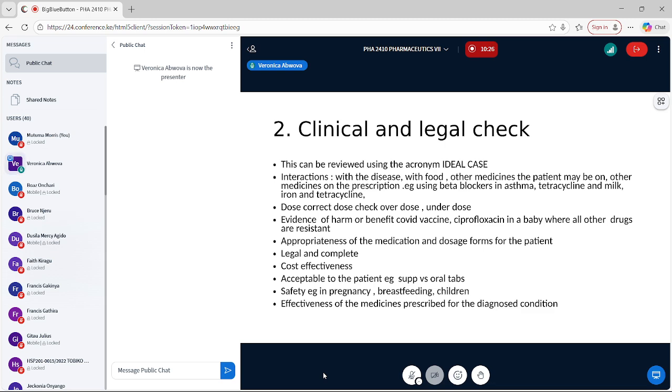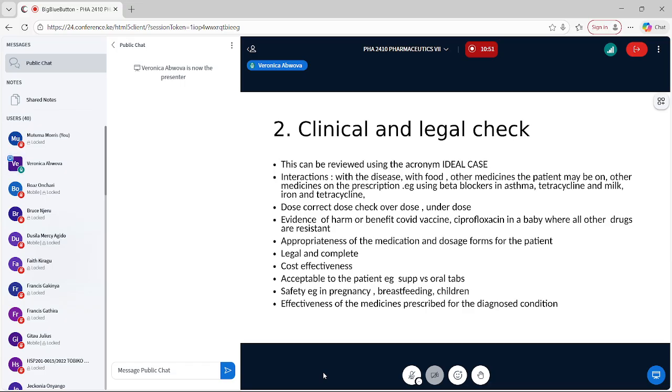So anyway, we looked at all these things. We looked at appropriateness, legal and completeness of the prescription, cost effectiveness. Remember with cost effectiveness, you're looking at the cost of the drug vis-a-vis the effectiveness. There is no need to prescribe a drug that the patient cannot afford.